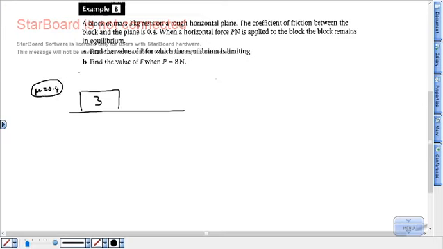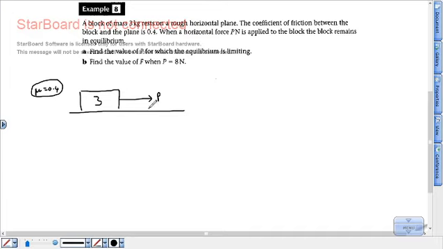When a horizontal force P is applied, the block remains in equilibrium. So let's say it's a pulling force. It doesn't matter if it's pushing or pulling, as I've talked to you before. I tend to always draw it as a pulling force. So that is P.